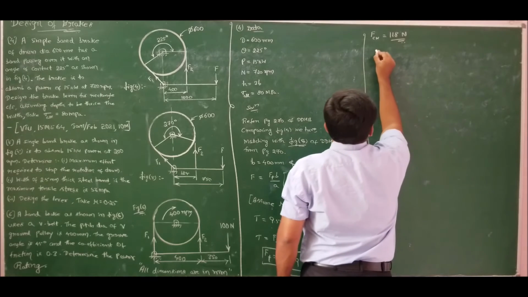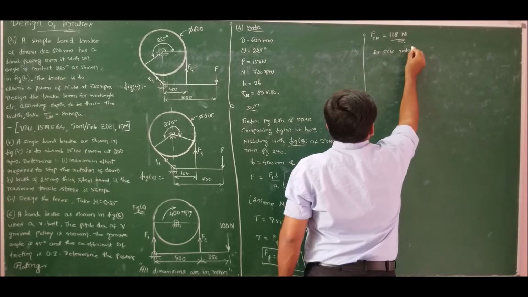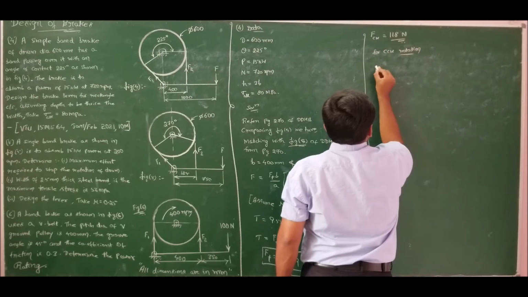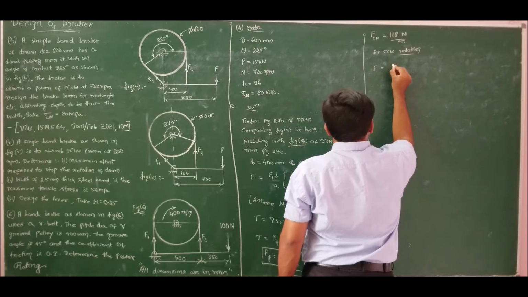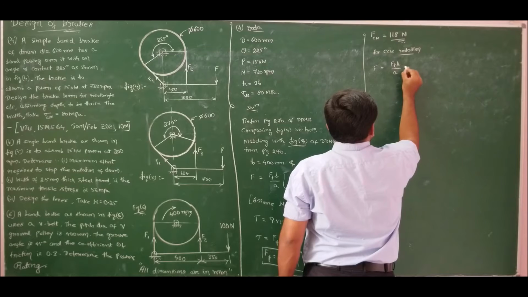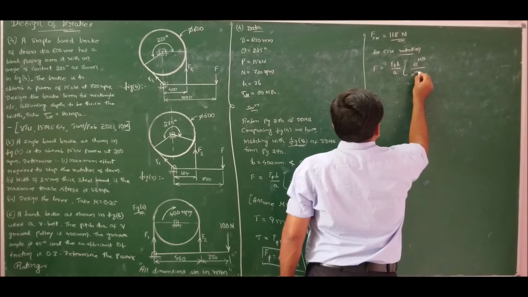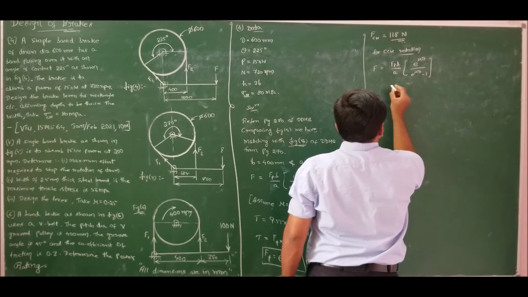Now for counterclockwise rotation, we have actuating force F given as Ft into B by A times e to the power of mu theta by e to the power of mu theta minus 1.